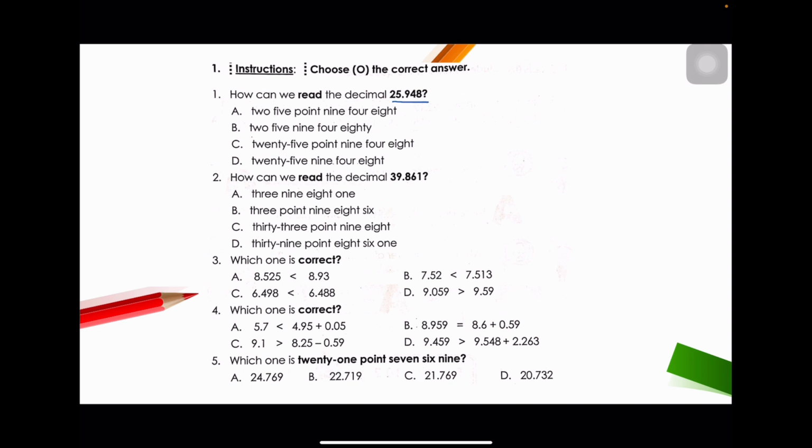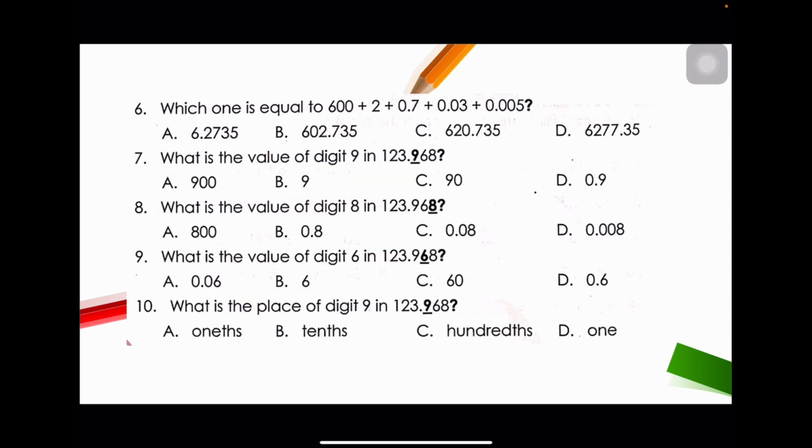So what is the answer? 25. I see. 25.948. The answer is C. Like that. You have number 1, number 2, number 3, number 4, number 5, number 6, number 7, number 9, and number 10.